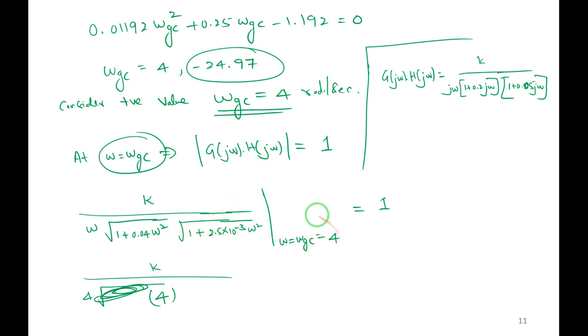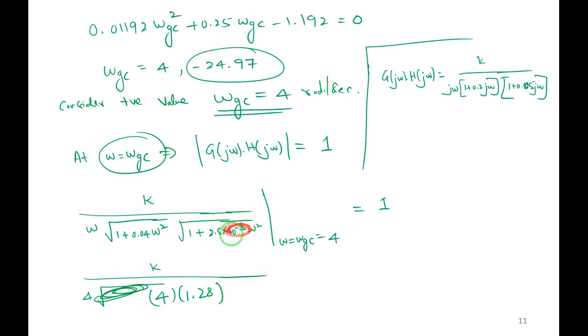Omega square means 4 square, 16. So I am getting root of 1.64, which is 1.28.